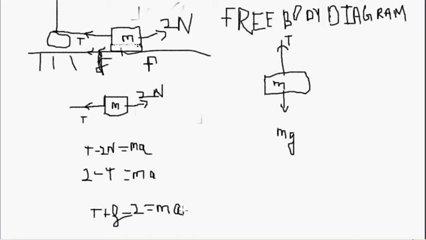Now, how are you going to write the friction force? Friction force is nothing but F equal to mu n. So F equals mu n. What is n? I'll tell you.